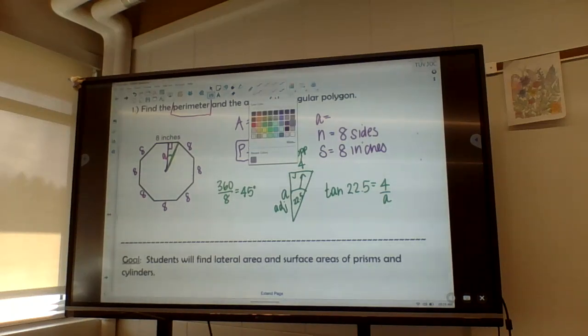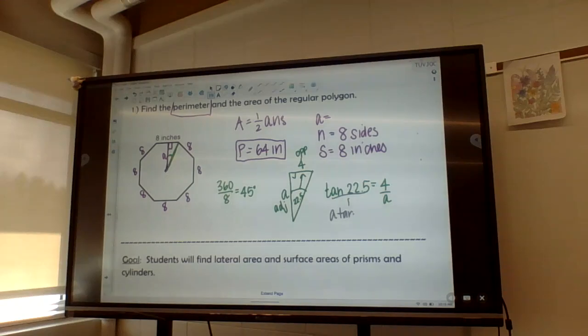Otherwise, you could also change your perspective. And I find out little a is like 9.66.